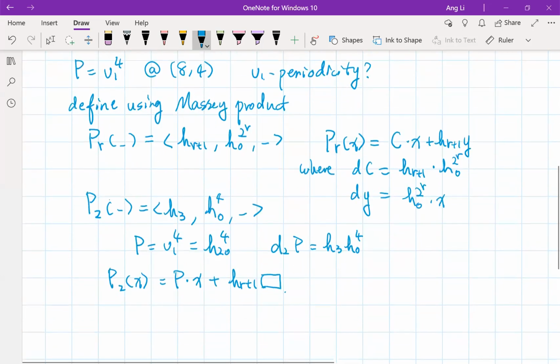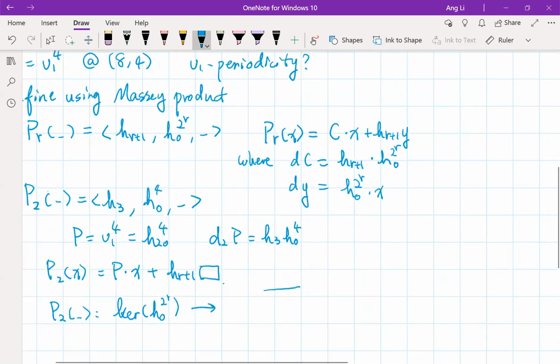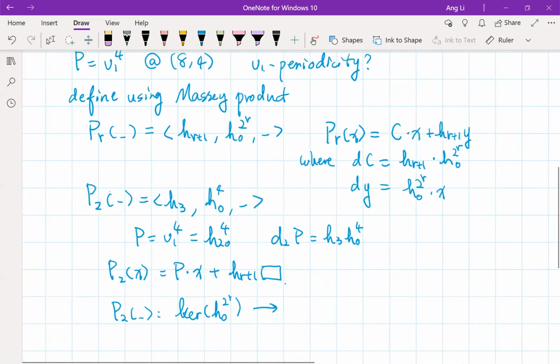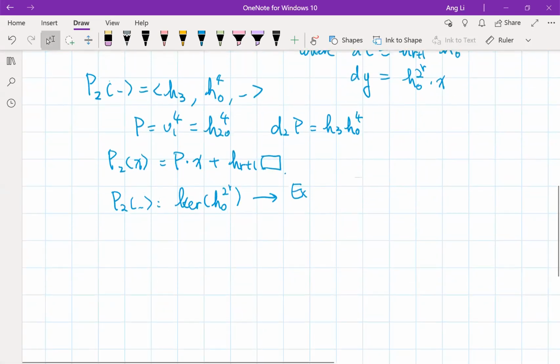Okay, questions so far? All right, so you can see this messy product is not actually defined on Ext. It is defined from the kernel of the middle thing and then landing in the co-kernel of HR plus 1.